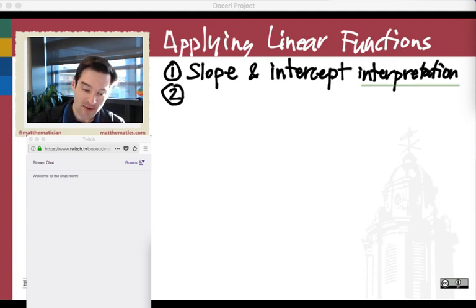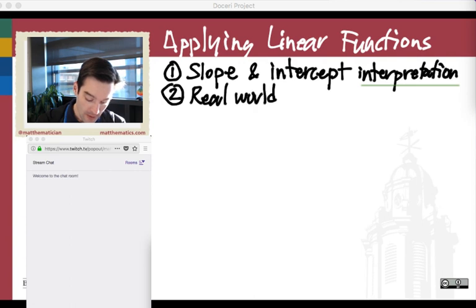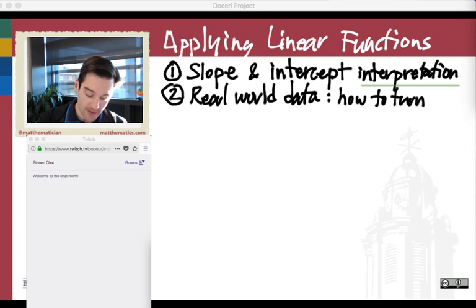But second, I want to tackle that real world data question. What I mean by that is that if we go out into a practical situation and collect some data, and then we want to use what we're learning in this chapter to discover something about that data, the first question we have to answer is how to turn data into a formula.